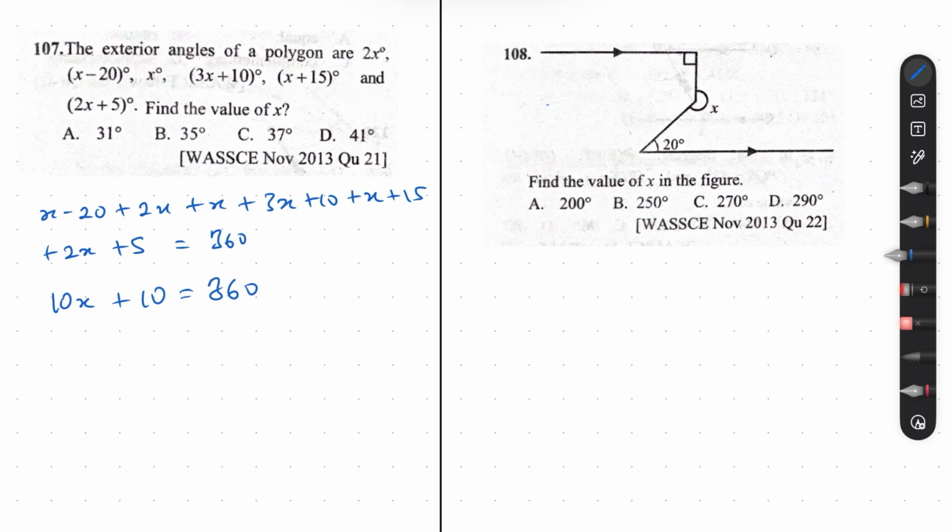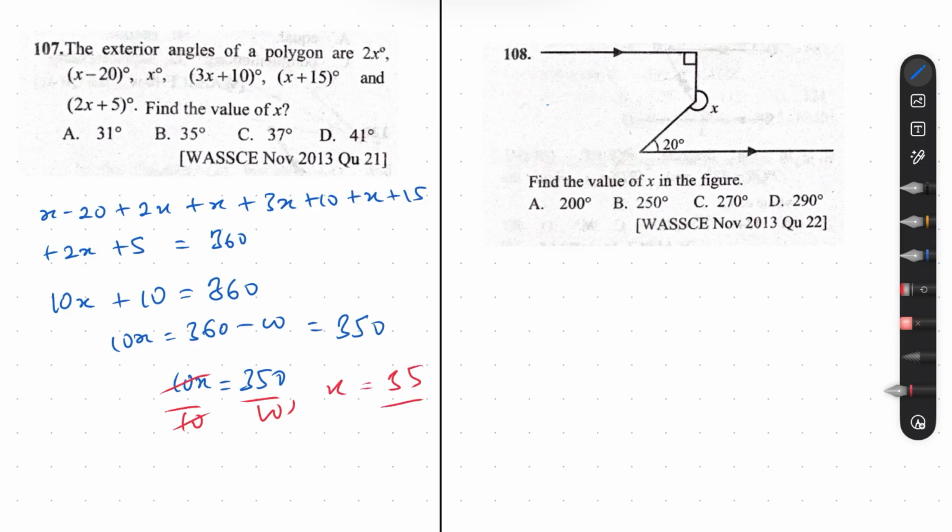So we have 10x is equal to 360 minus 10, that gives us what? 350. 10x is equal to 350. Let's divide both sides by 10. So we have our x to be equal to 35. Okay, which is B.